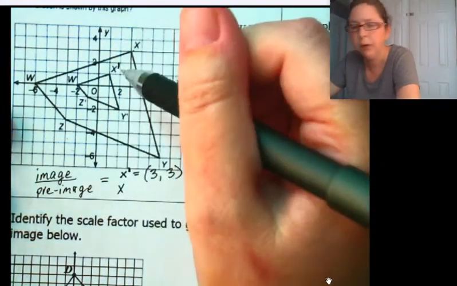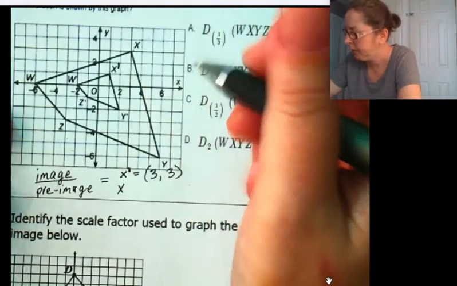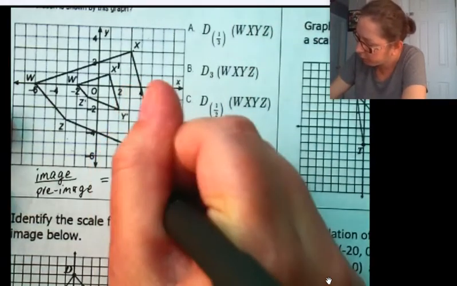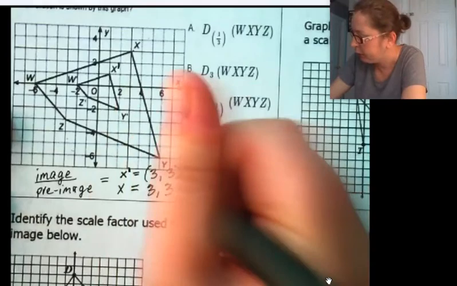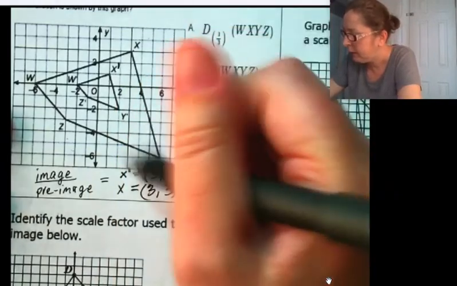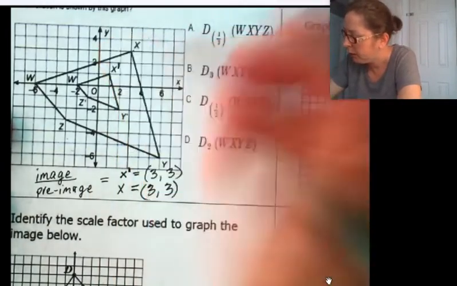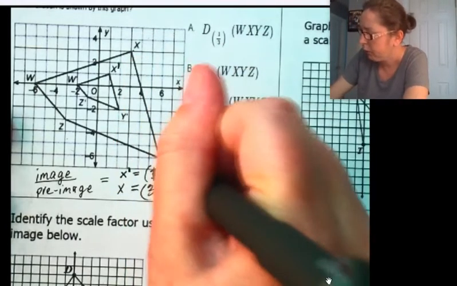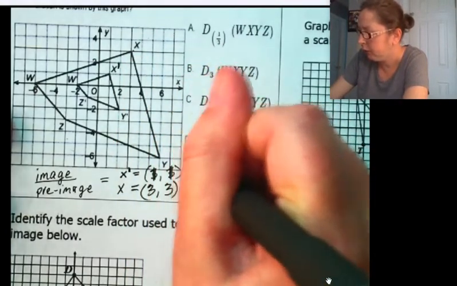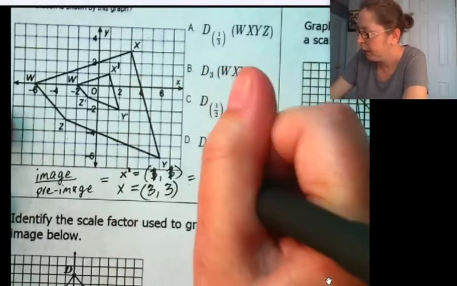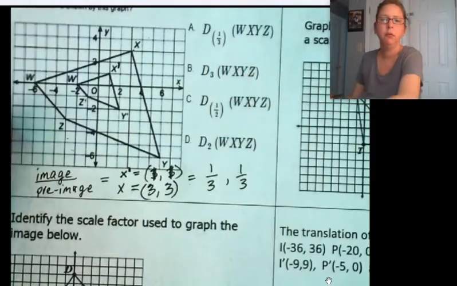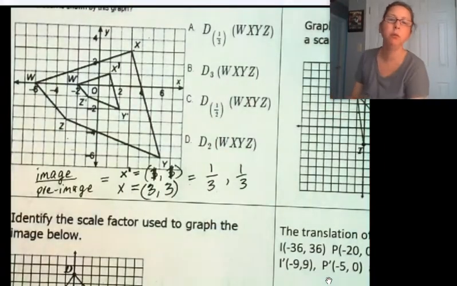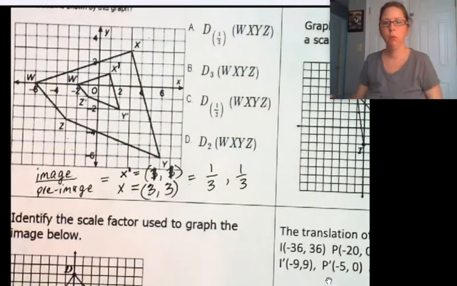And the pre-image, whoops, I just wrote this backwards. The pre-image is 3, 3, and the image is over 1, up 1, 1, 1. So you could really do this as 1 over 3, 1 over 3. So the scale factor in this case is 1/3.